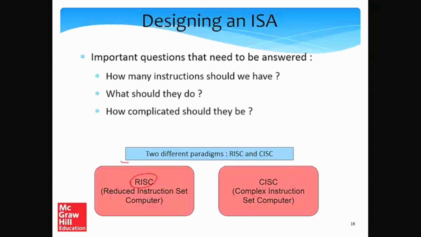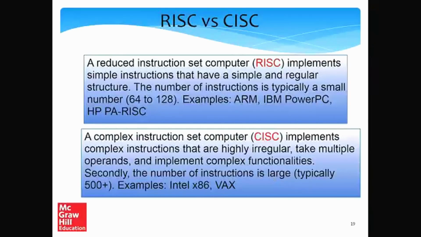Similarly, we'll have CISC processors which have a very different paradigm. So instead of having fewer instructions, CISC processors will have a lot of instructions, and they will also be, as we see on this slide, highly irregular, meaning that it is possible one instruction might take one argument, another instruction might take three arguments.